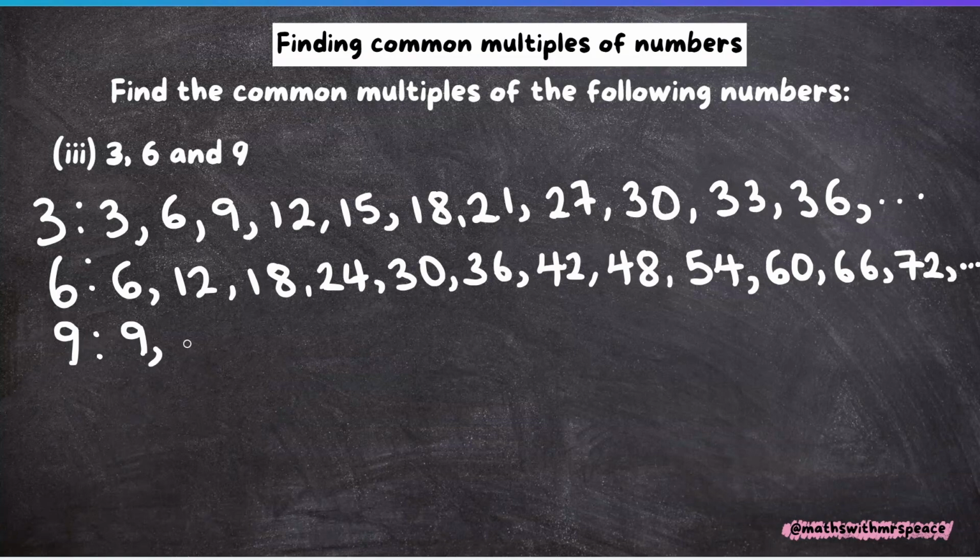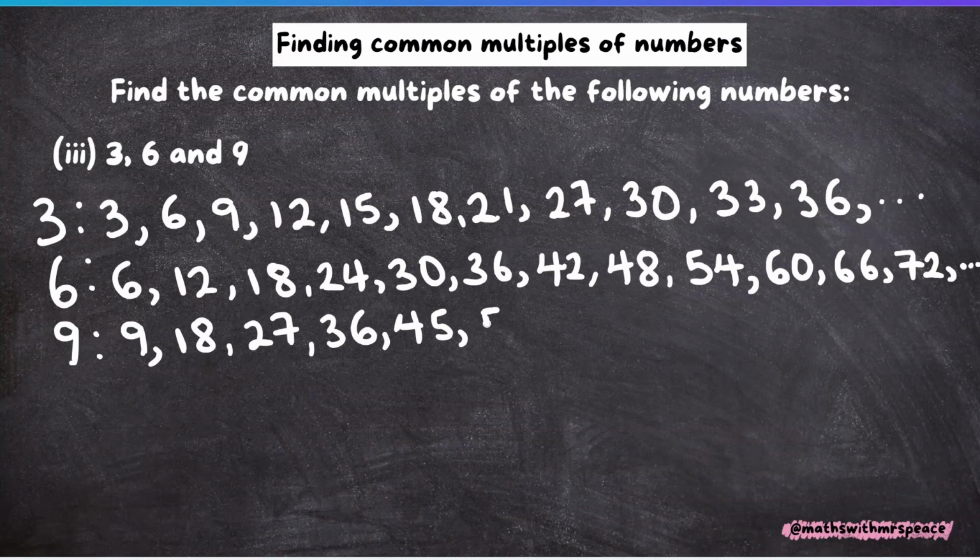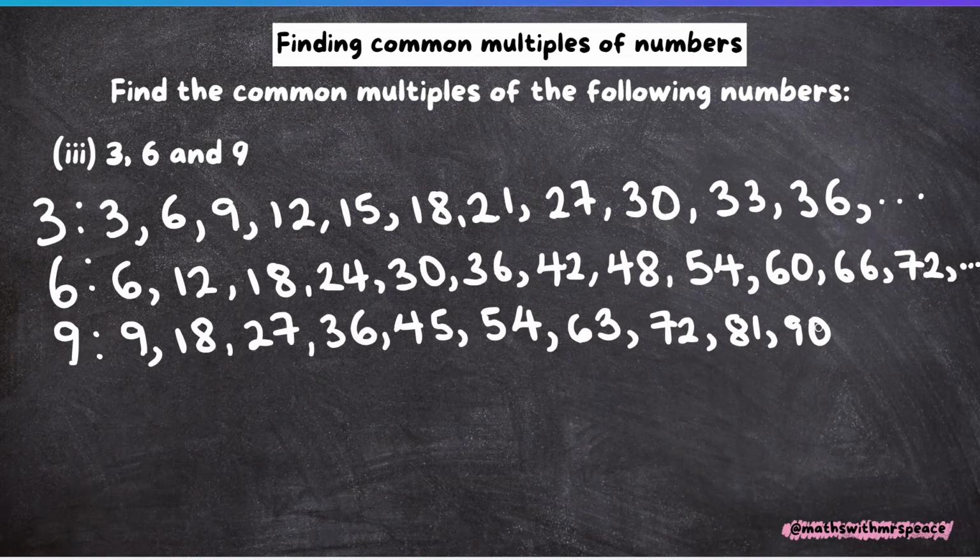So you have 9, you have 18, 27, 36, 45, 54, 63, 81, 90, 99, and 108.